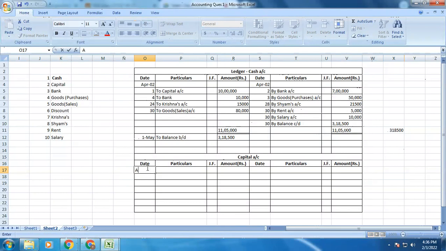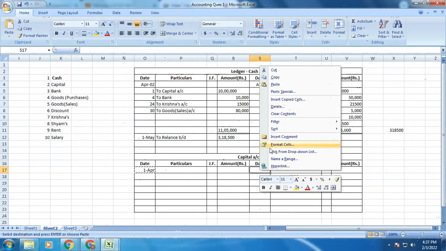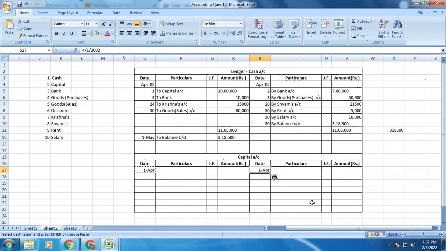Cash to capital. Cash. Okay, April 2002. Right? 1st April 2002.